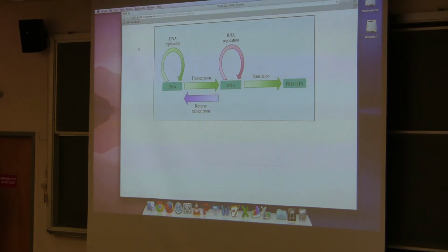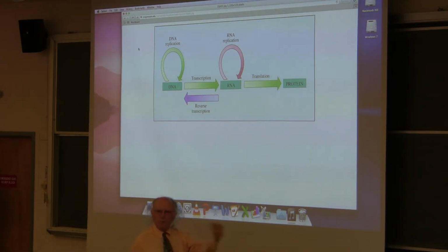The central dogma was something that they came up with when they first understood the relationship between DNA and protein. I've briefly described that relationship to you already. I told you that messenger RNA was copied from DNA, and that messenger RNA had the information necessary to make protein.